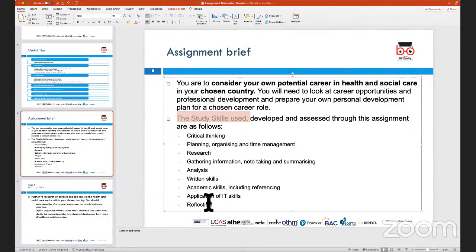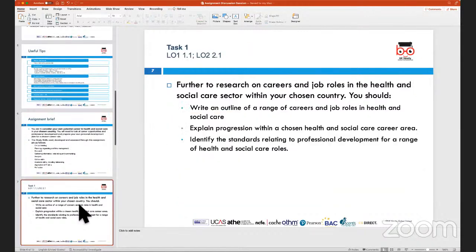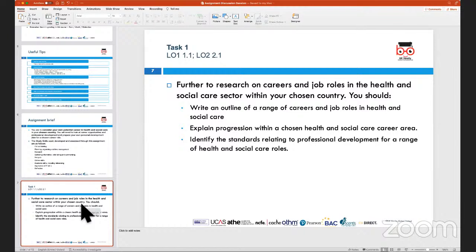Towards the end, we will also do what is called a reflection, to say, with a bit of hindsight, if I had this knowledge, I would have done this differently, or what are the things I've learned by studying this unit. That would be a reflection we would need to get into towards the end of the assignment. Now, with that background in mind, we need to start doing some tasks.